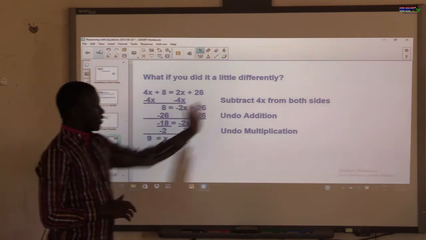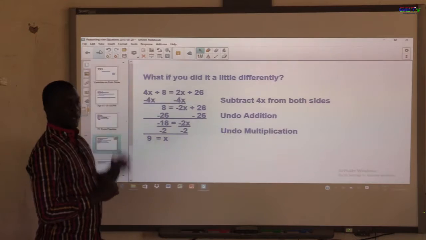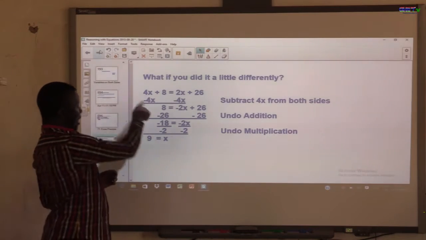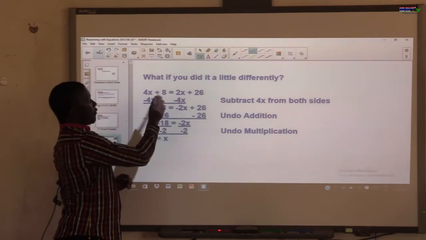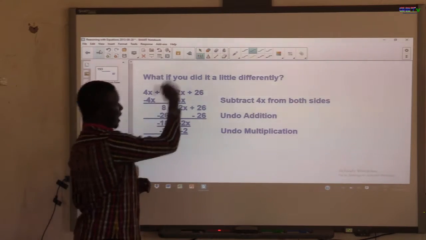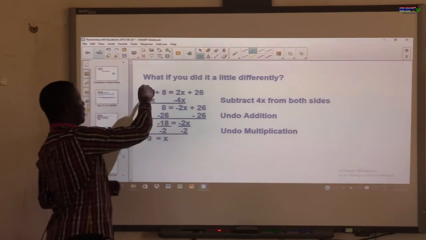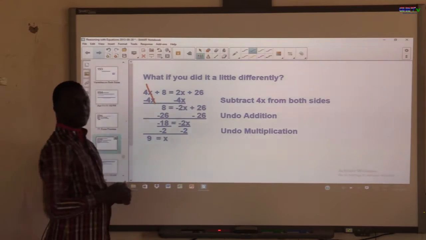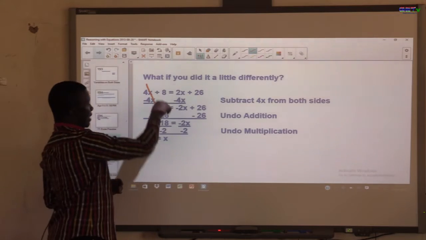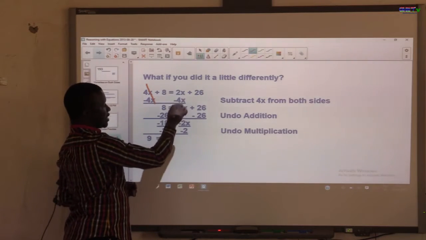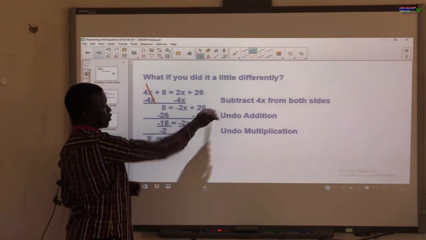Now subtract 4x from both sides. We subtract 4x from the right-hand side and 4x from the left-hand side, and that undoes this. So we have 8 equals 2x minus 4x, which is negative 2x, plus 26.